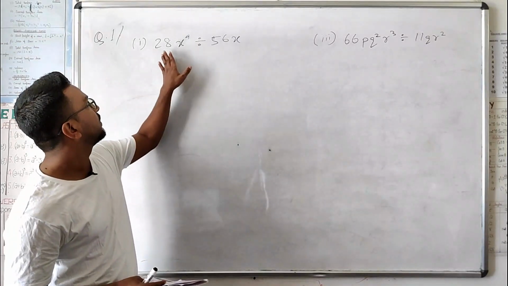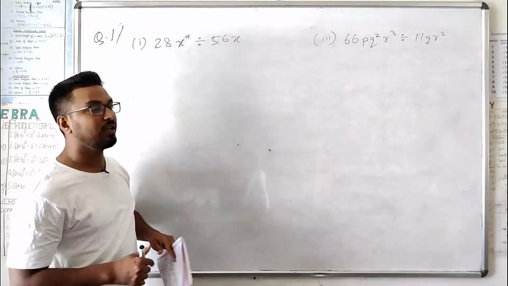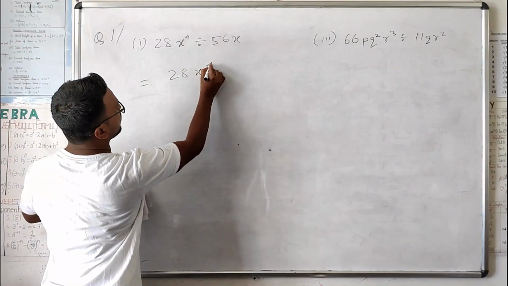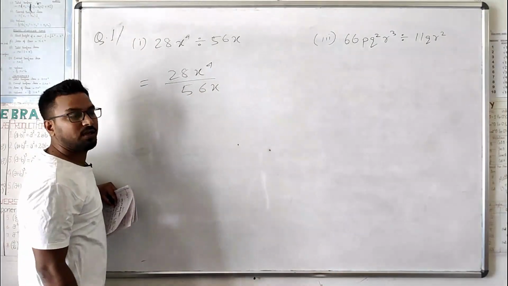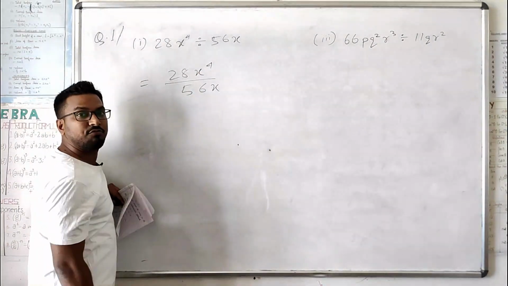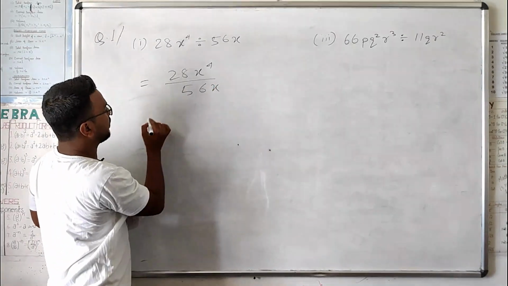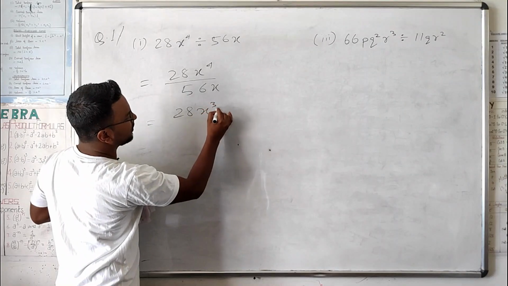So the question is 28x to the power 4 divided by 56x. So this can be written as 28x to the power 4 divided by 56x. How many x are here? 4x, and here 1. So you can cancel it, or you can write it in this way also, 28x to the power 3 into x.